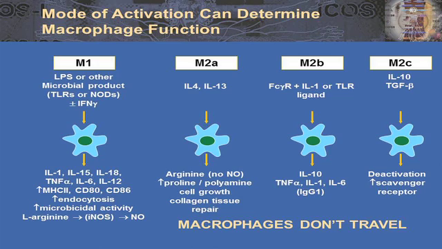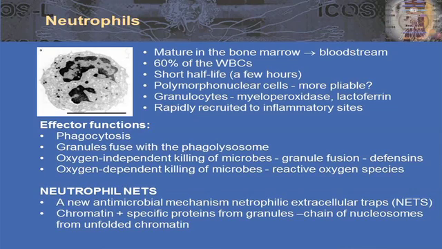Well, if they are the heavy artillery and killing machines, neutrophils are the foot soldiers. They are the ones that do or die. They are constantly being produced in the bone marrow. They have very short half-lives measured in hours. These cells at one time were considered boring.